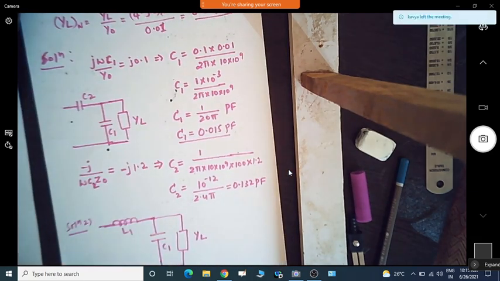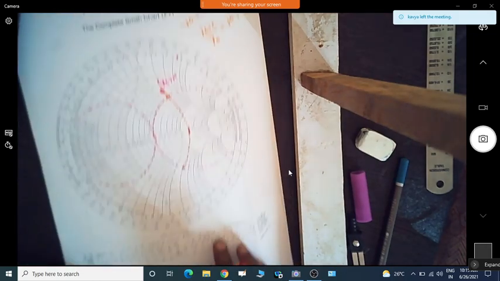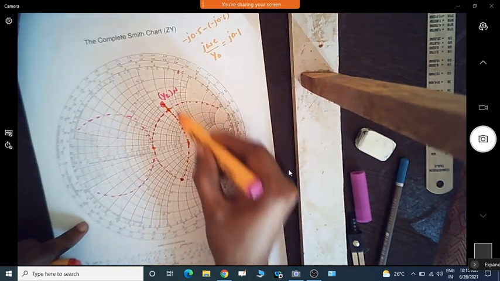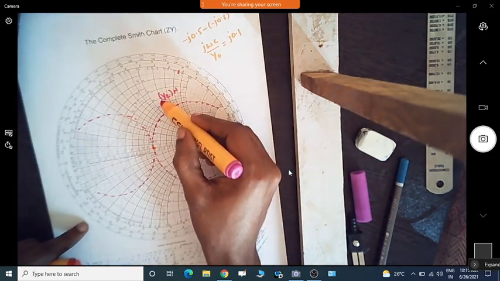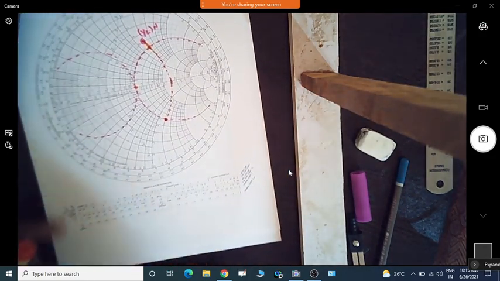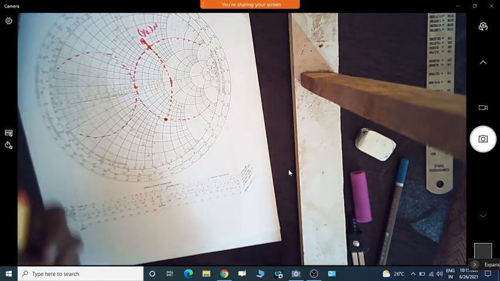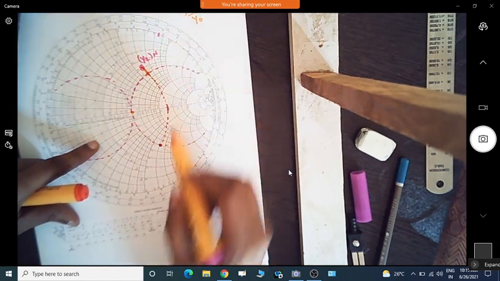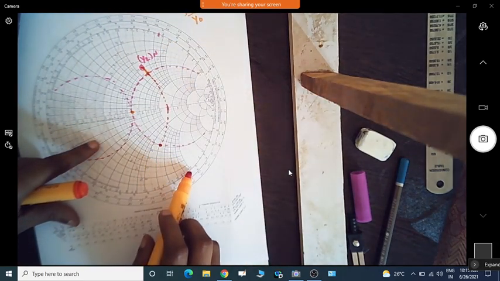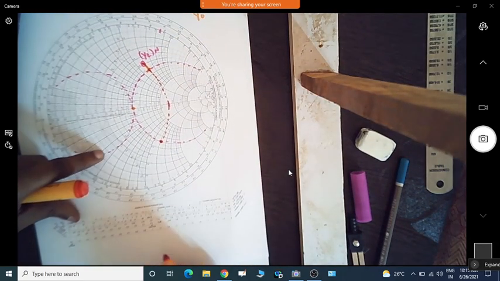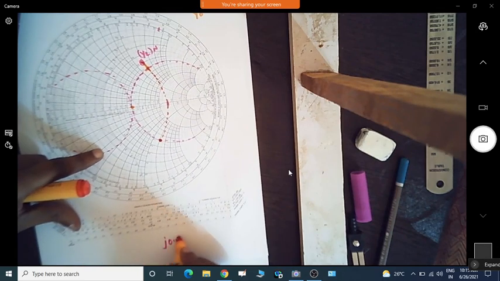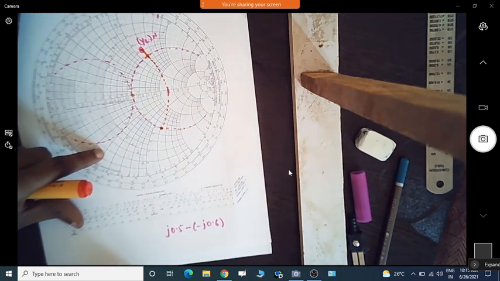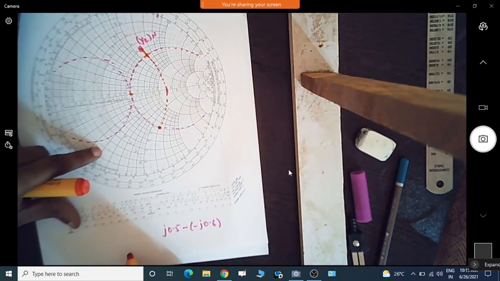In order to find out C1, first you need to calculate how much susceptance is offered by this. So let us take that point. Now here it is minus j 0.6 and here the susceptance is 0.5. Okay. So that is plus j 0.5 minus of minus j 0.6. So this is the susceptance offered by the capacitor.